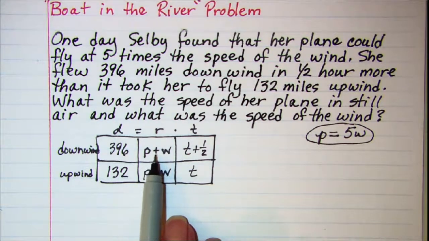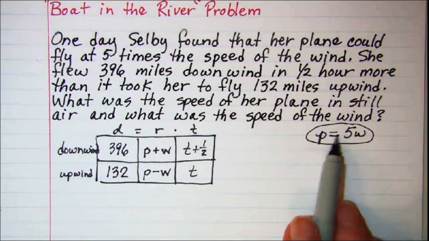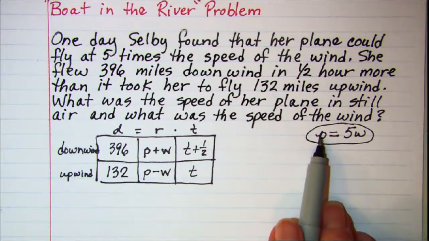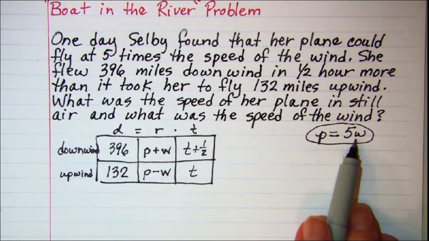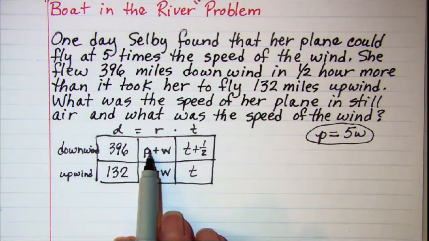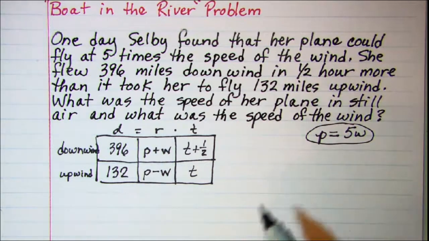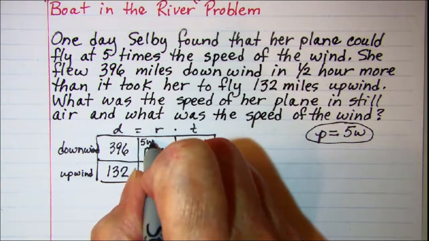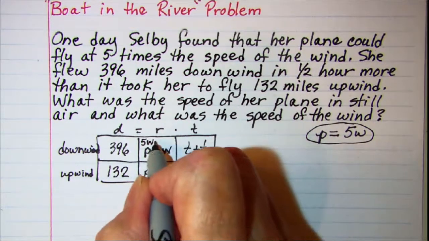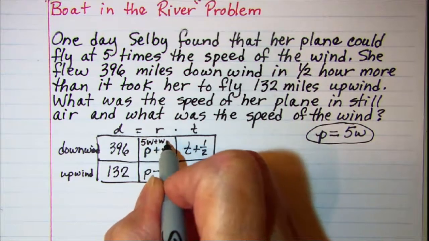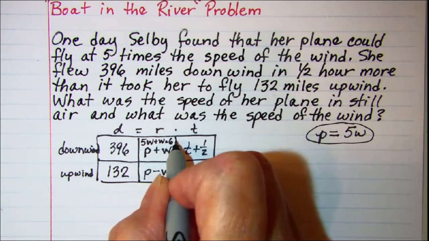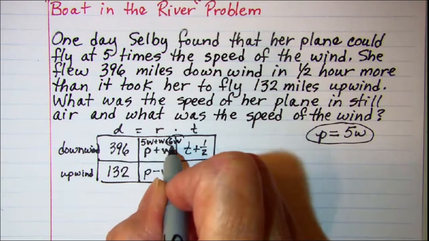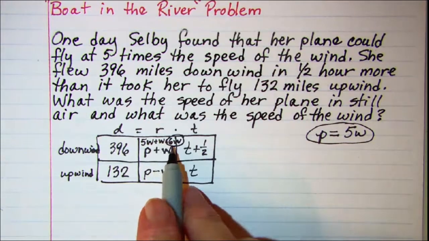All right, now, I know from here that my plane is equal to 5W. So I can sub that in and write 5W here instead of plane plus W. So this is actually a 6W that I'm going to use for my rate going downwind.